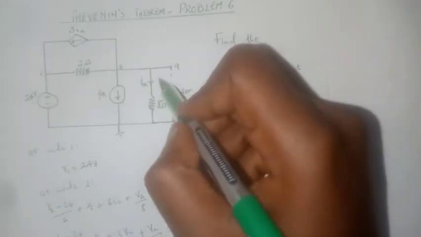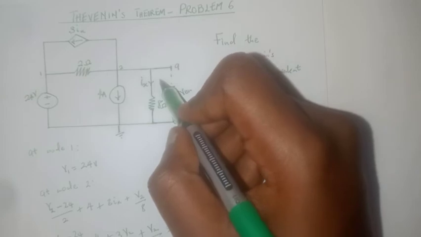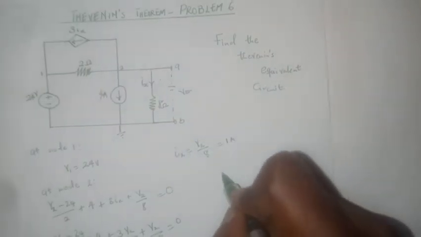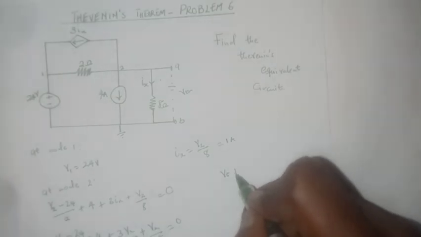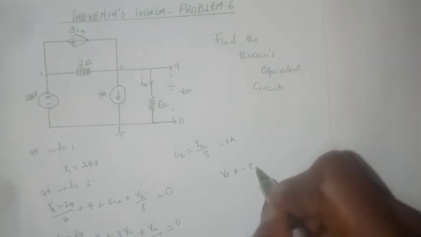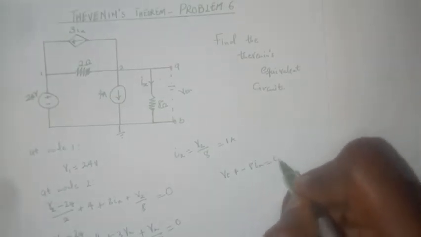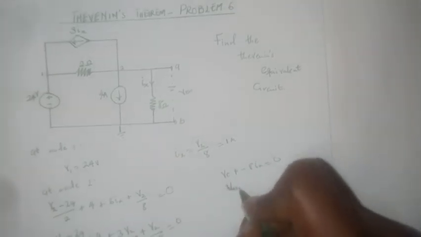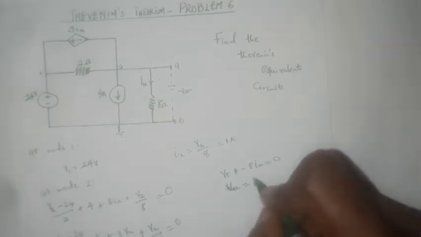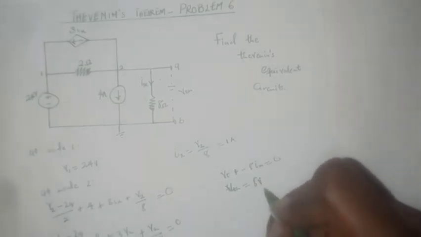So we can write a KVL equation here, and we know that VTH minus 8Ix equals 0. So we know that VTH equals 8 volts.